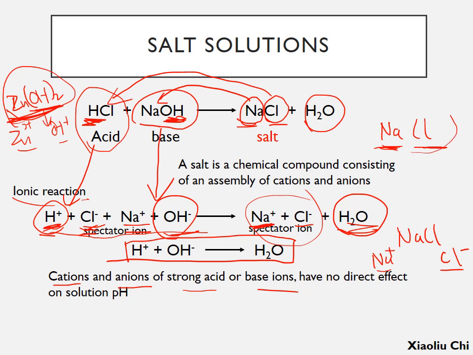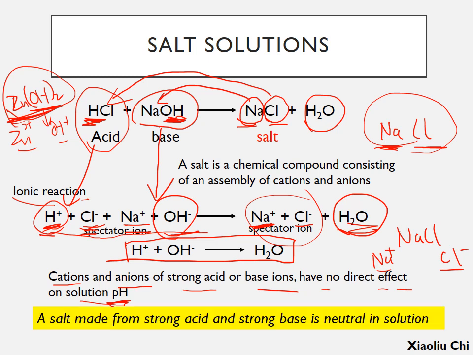This kind of salt has no direct effect on solution pH because they are spectator ions. They don't react with water, they don't change the pH value. So the conclusion is a salt made from strong acid and strong base is neutral. Water is not affected.